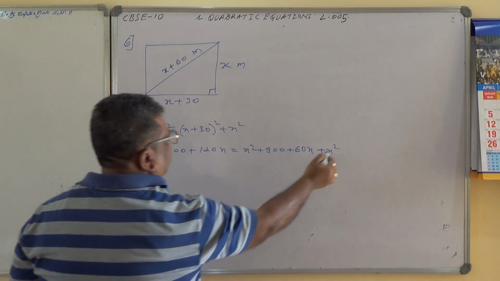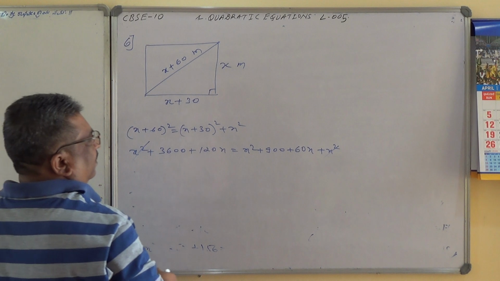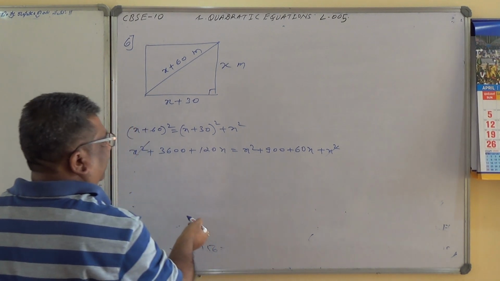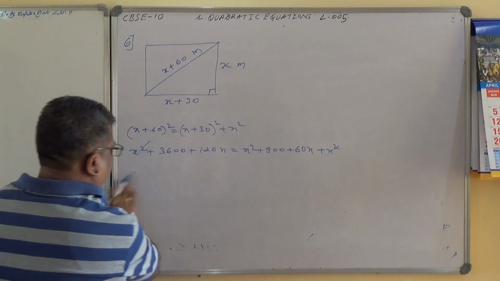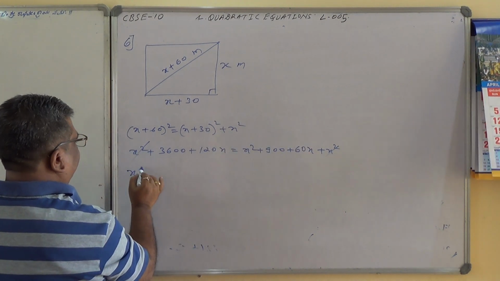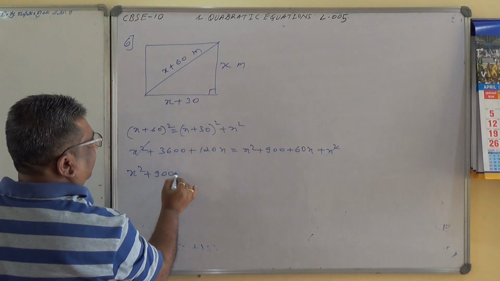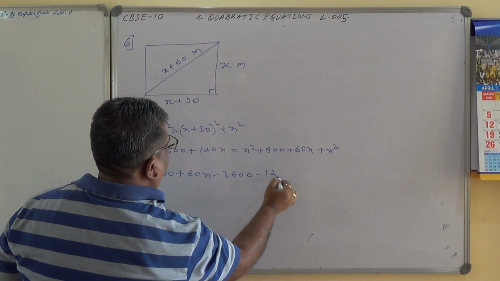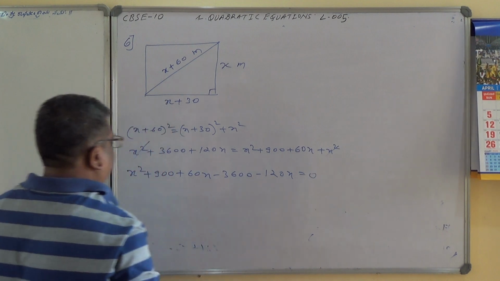So this x square cancels here, and one more x square is left over. Transpose everything to that side. So x square plus 900 plus 60x minus 3600 minus 120x is equal to 0 here.